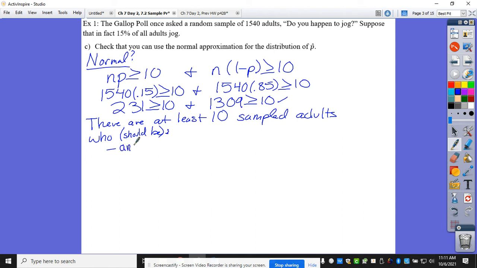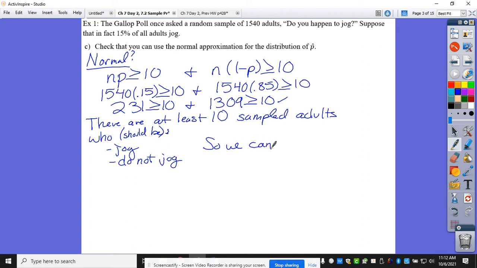Oh, it does say do jog. So at least 10 who do jog, and at least 10 who do not jog. So there are at least enough of each so we can use a normal approximation.